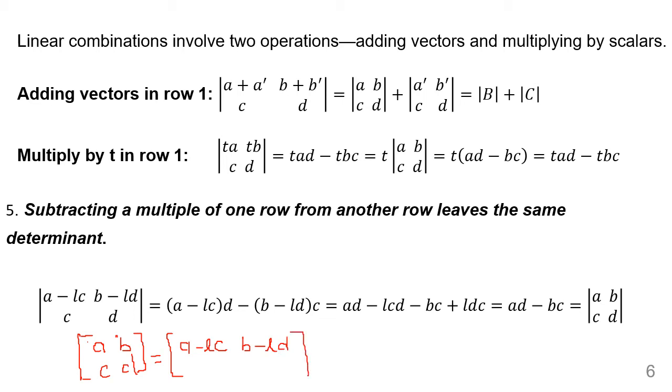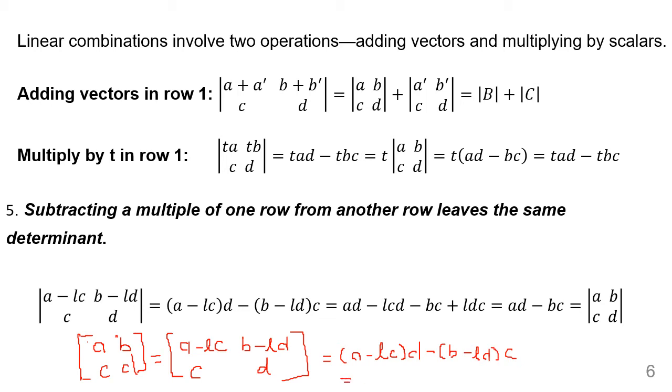I am multiplying the second row by l and subtracting it from the first row, whereas the second row will remain as it is. So when I take it, a minus lc multiplied by d minus b minus ld multiplied by c.